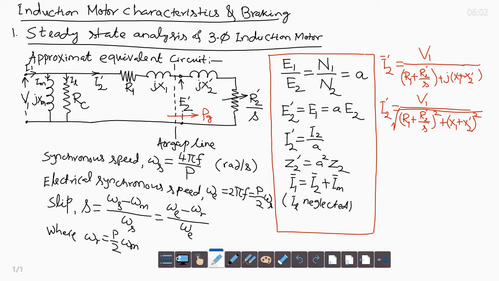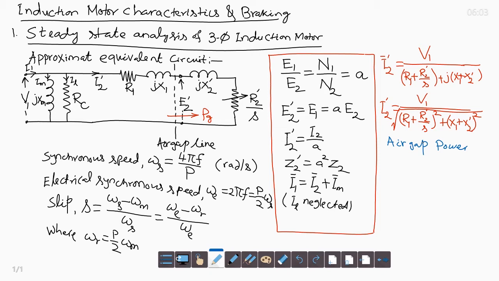So, air gap power Pg in the equivalent circuit is the power in the resistance R2 dash by S, because reactance does not represent any average or real power.